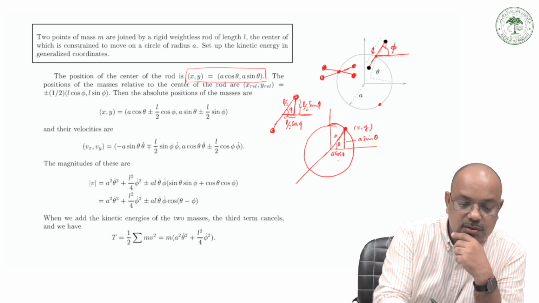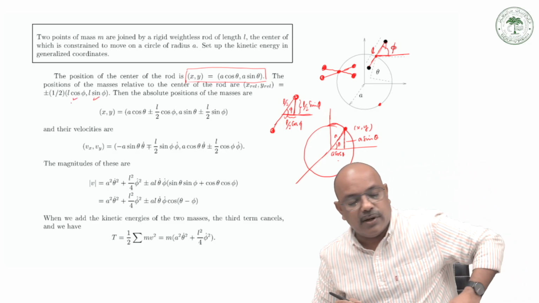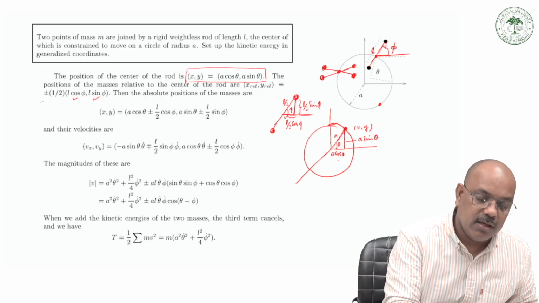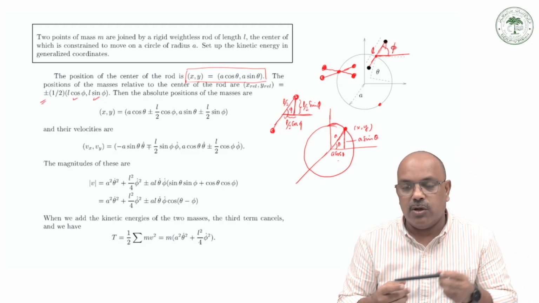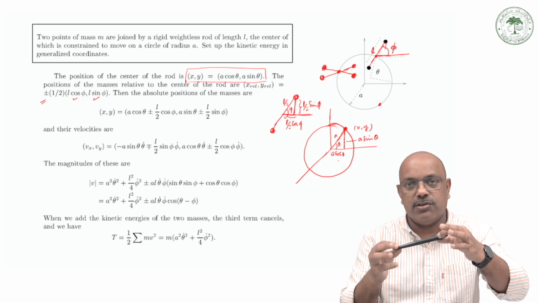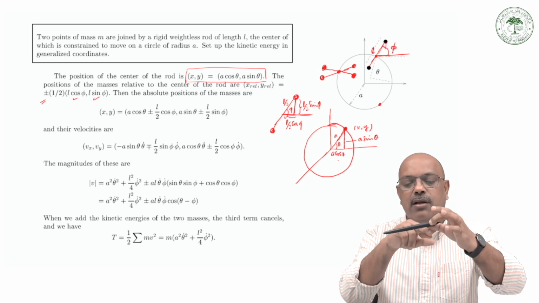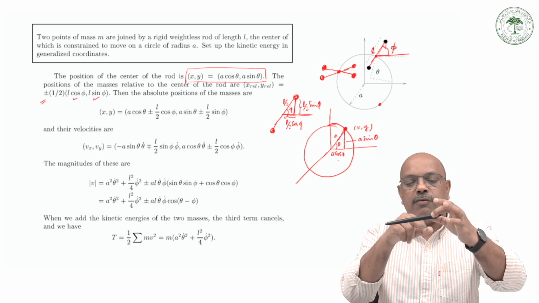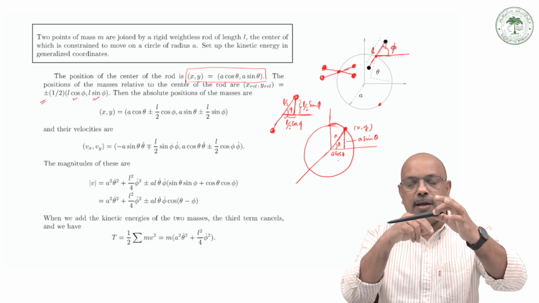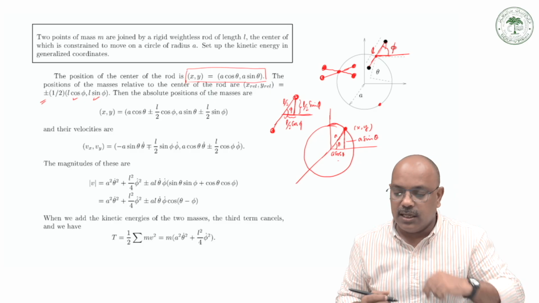This comes with plus and minus, because if one mass is going up, the second mass is naturally going down, with respect to the reference line perpendicular along which you are measuring this angle phi.